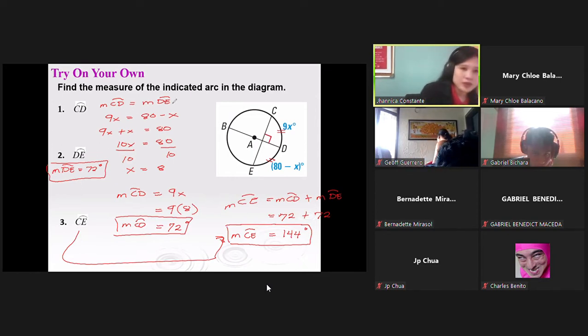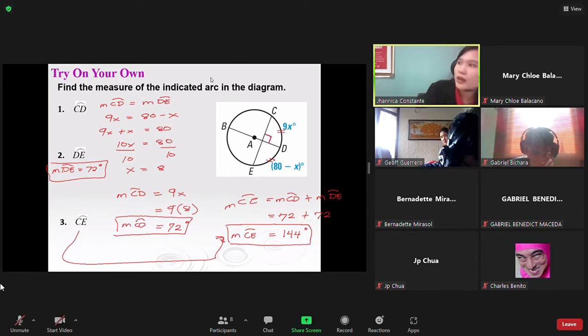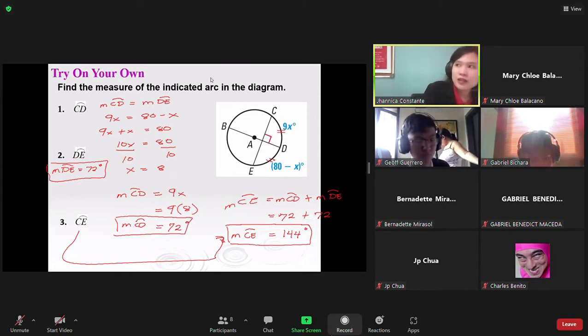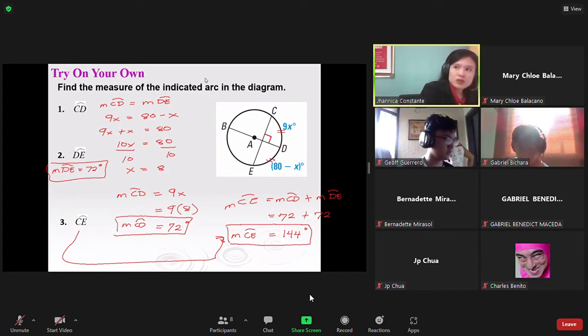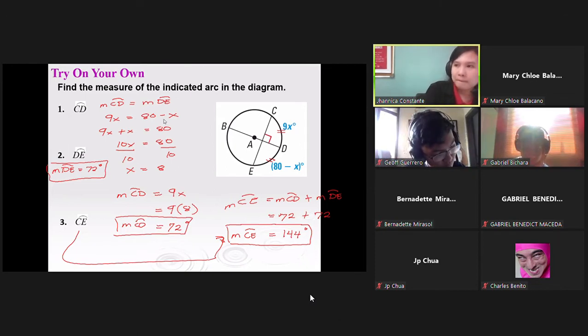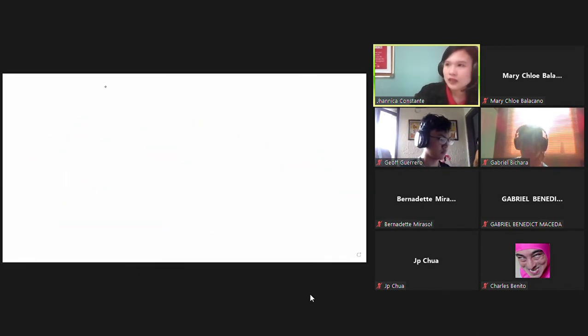Okay, let's have another example for our second theorem before we proceed with the third theorem that we have in the congruent circle. So for example, we have this circle.